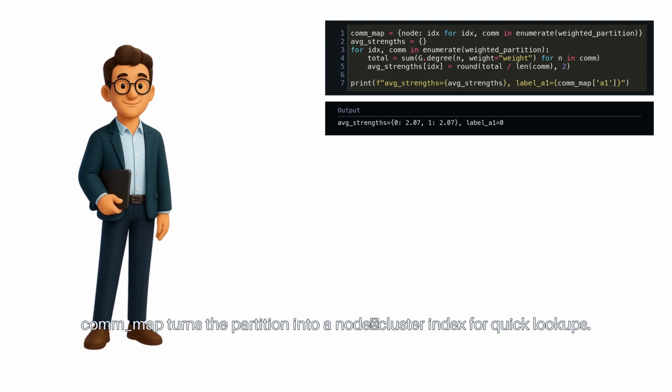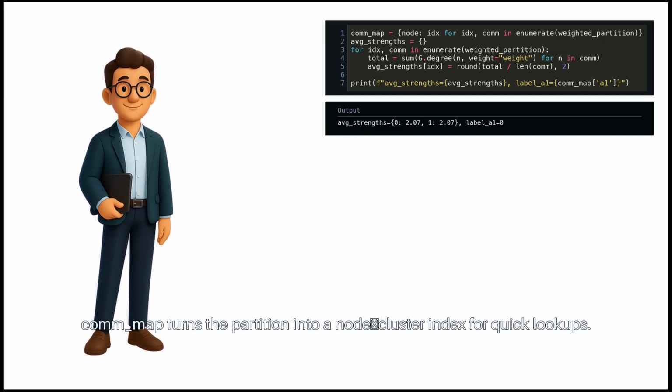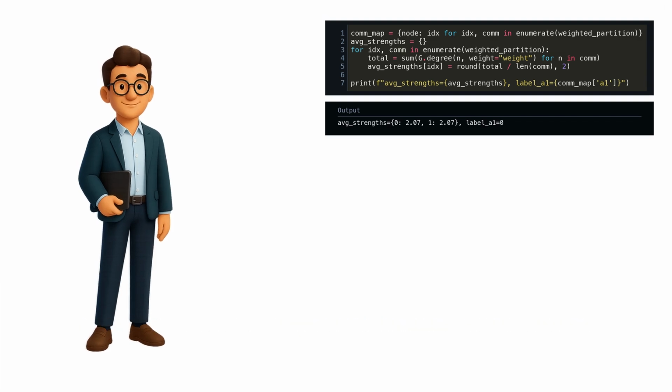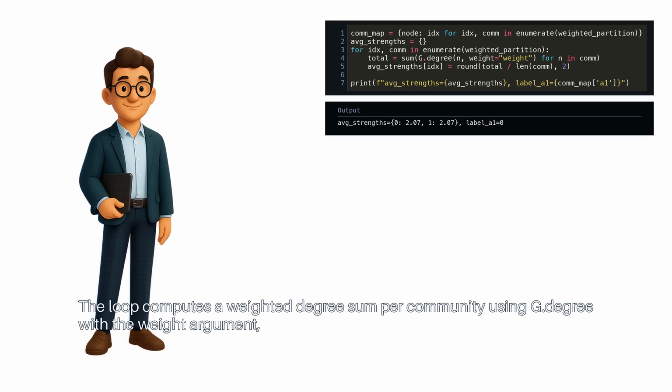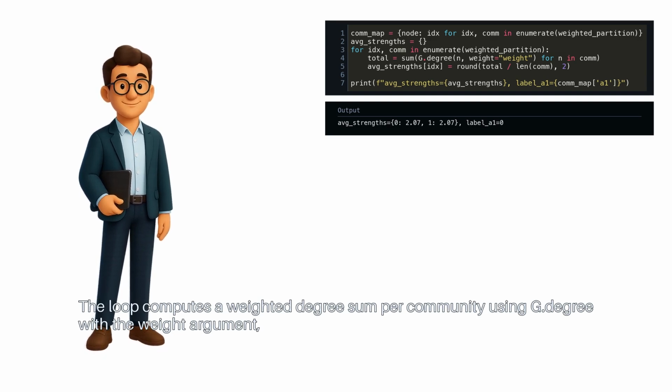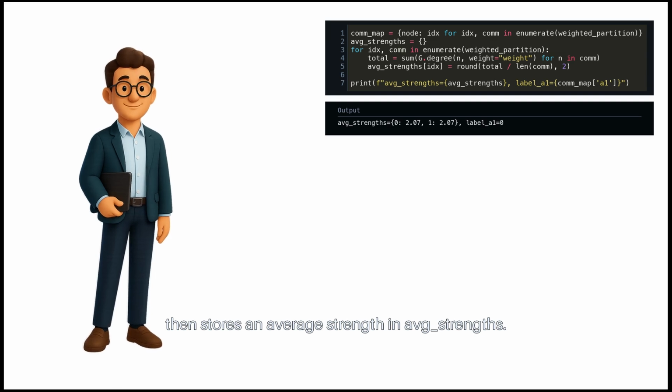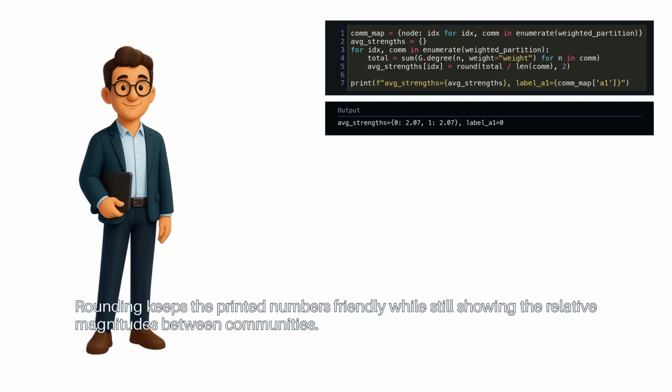COM-map turns the partition into a node to cluster index for quick lookups. The loop computes a weighted degree sum per community using G.degree with the weight argument, then stores an average strength in avg_strengths. Rounding keeps the printed numbers friendly, while still showing the relative magnitudes between communities.